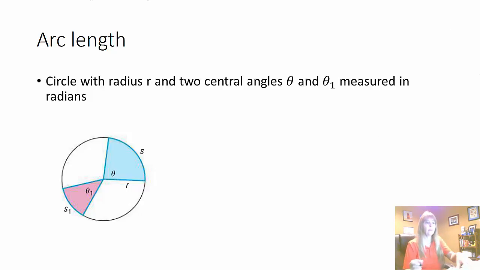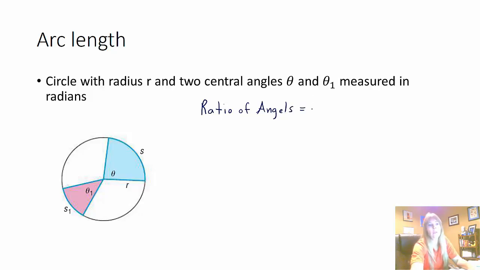Let me get a pen going here. If I have this arc length circle over here, and if I remember back in my geometry days, the ratios of my angles equal the ratios of my arc lengths.